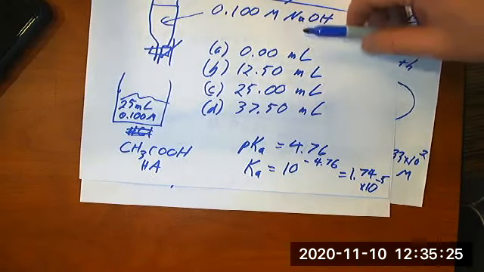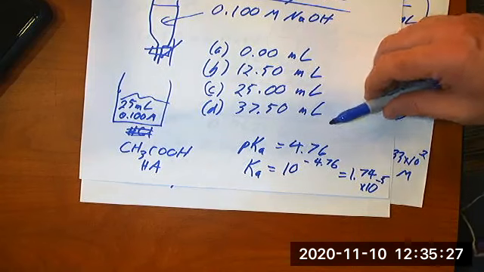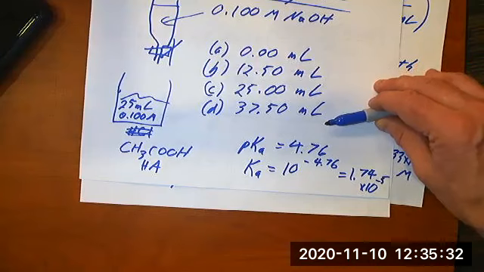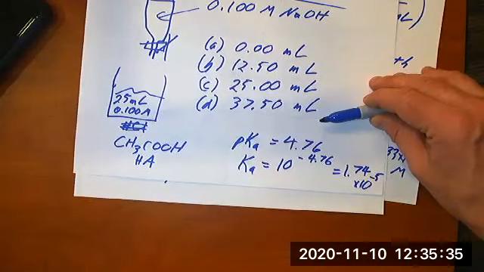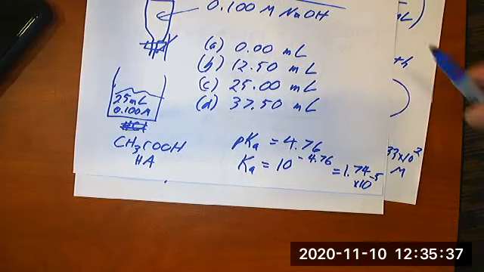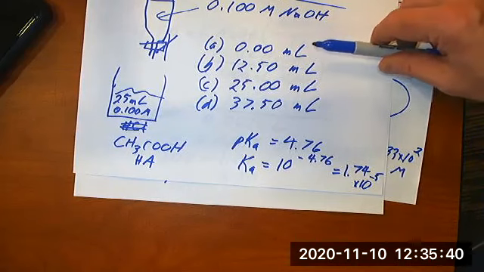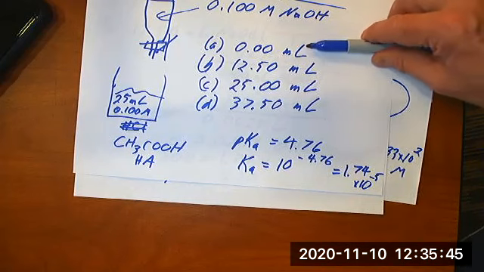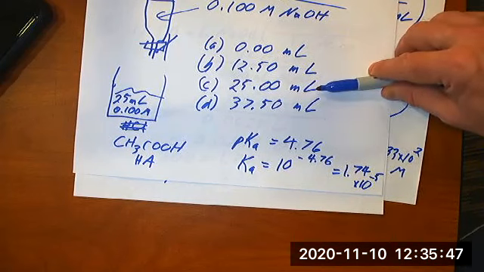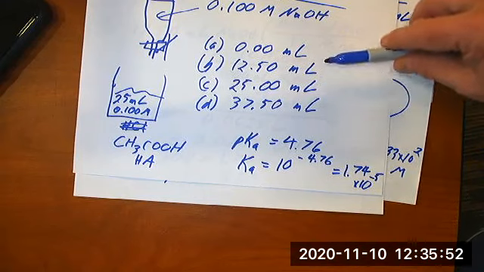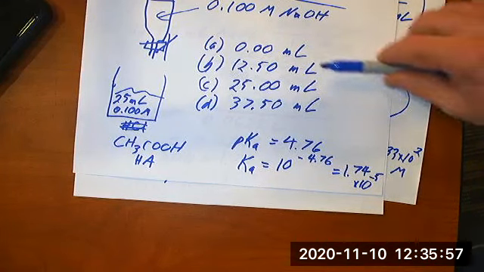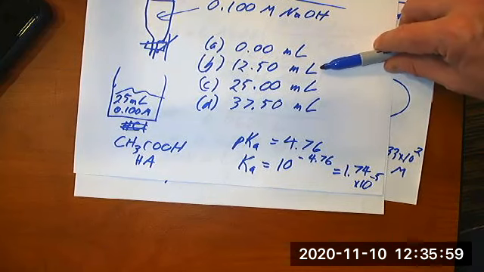If you're past the equivalence point, then the equilibrium is not really playing a role, so you treat it like the strong acid, strong base case. If you are in a regime where you're not really in the buffer region, then you use an ICE table. That's what we did in A and C. If you are in the buffer region, then the approximations that go into the Henderson-Hasselbalch equation are good for you. And so that's what we did for part B here.